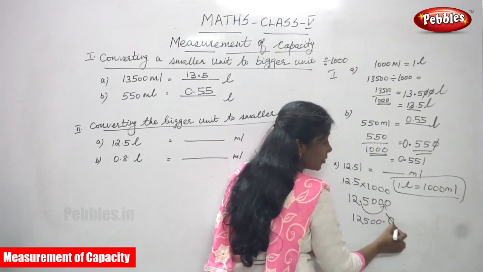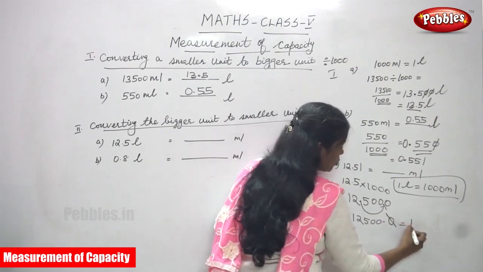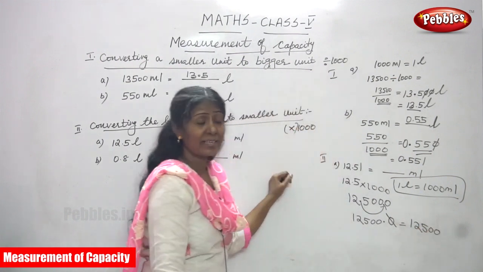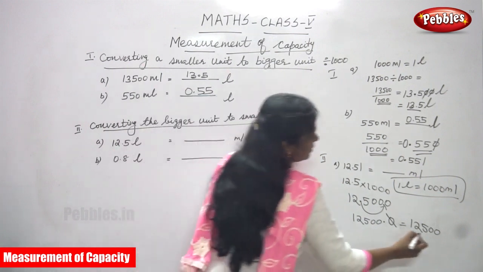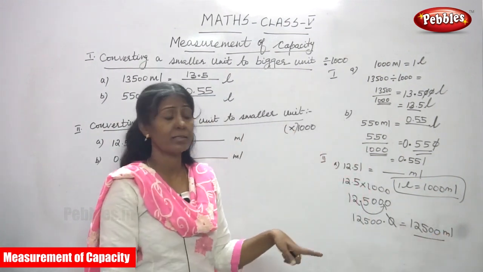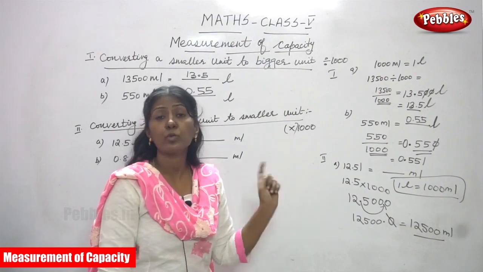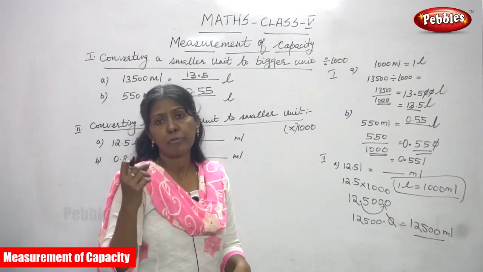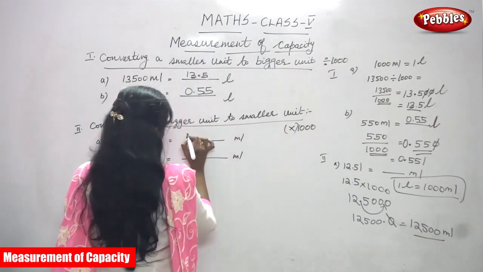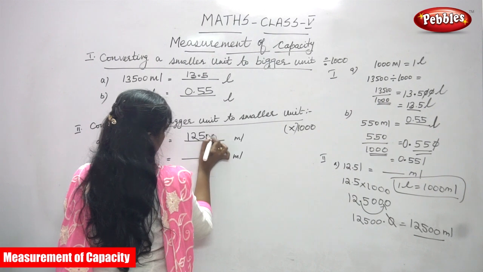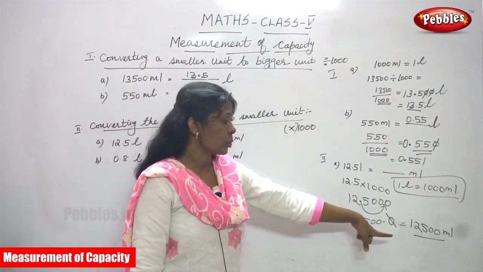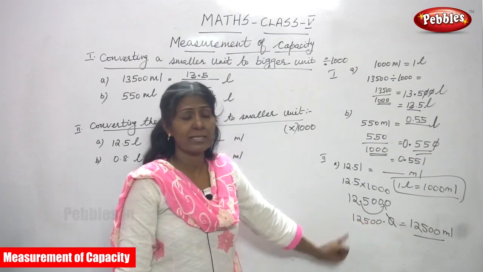After the point you should not consider the 0. The answer is 12,500 what? Milliliter. So don't forget to write the units. Units are very essential. If you forget to write the units, definitely the teacher will reduce your marks. So 12,500 ml is the right answer for the question.